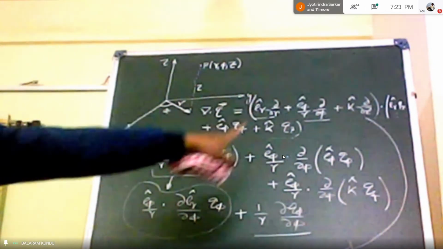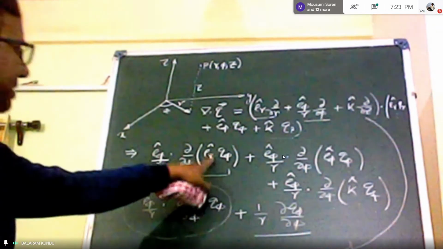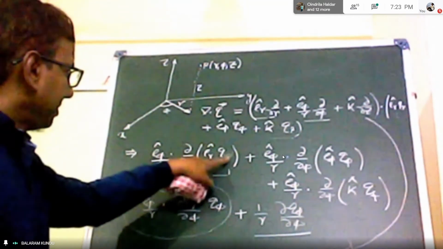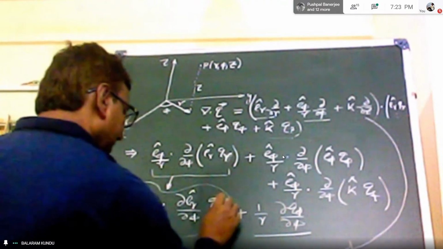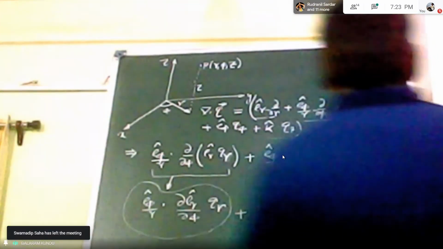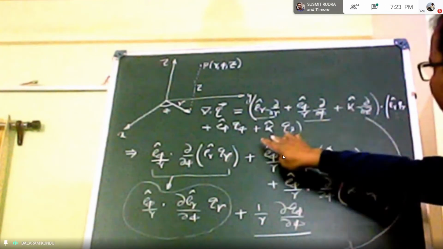So e phi dot r del by del phi e r into q r, not q phi here. This should be q r. And from the third term, another expression will come: k dot k should be 1. So from the third term, it is possible to write del q z by del z.